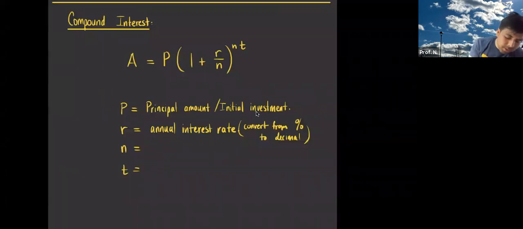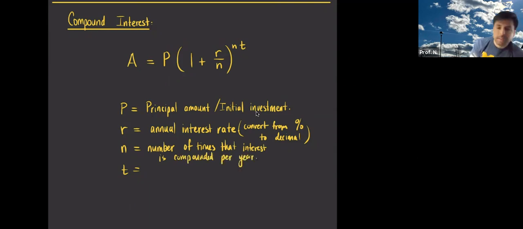N represents the number of times that interest is compounded, quote unquote, per year. So how many times is our interest compounded?